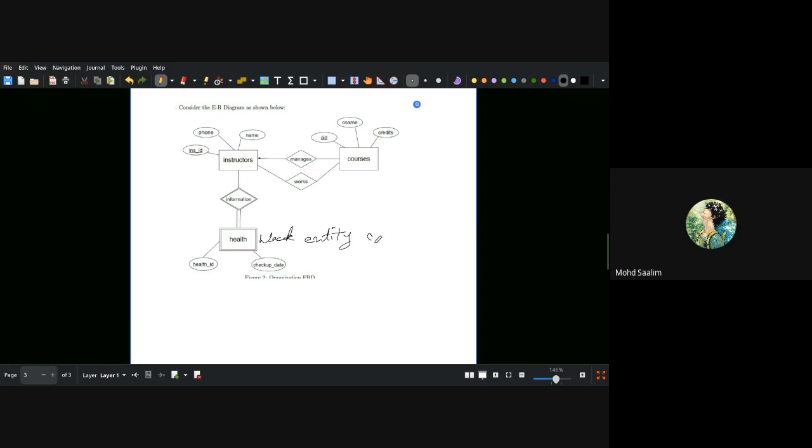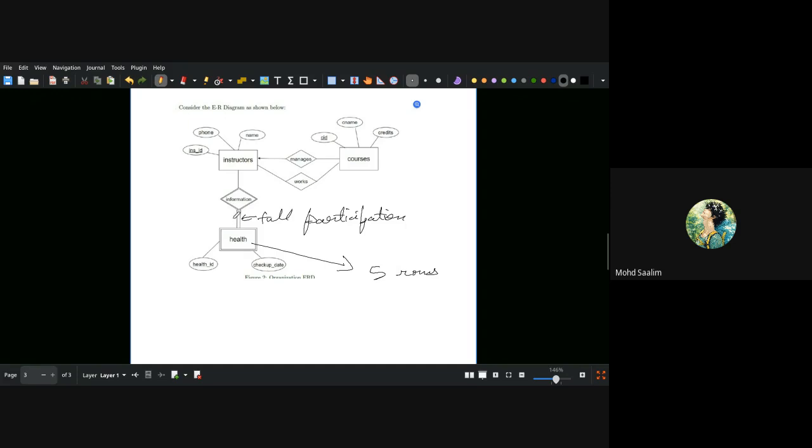Weak entity set, right? And when you see the double lines attaching from an entity set to a relationship set, it means full participation. What do we mean by full participation? It means that if in the health table I have 5 rows, then these 5 rows should participate in this relationship at least once.